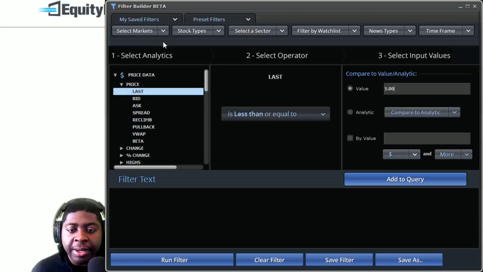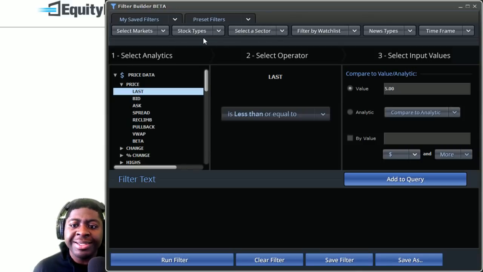And again, you can select the different markets, whether you want OTC, NASDAQ, NYSE only, maybe Amex only, different stock types. Maybe you only want stocks that are in gold, maybe stocks that are in commodities. Maybe you only want stocks that are in technology, consumer disposable, whatever segment or sector that you want, you can select those as well.